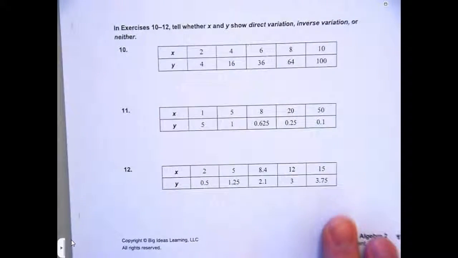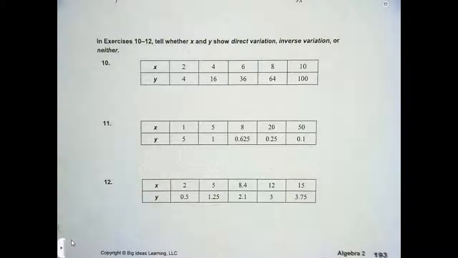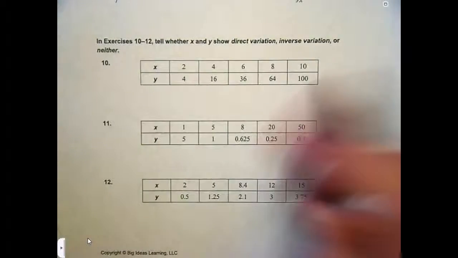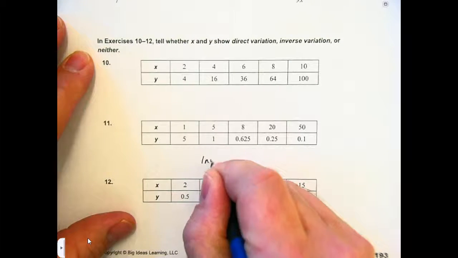Okay, so, ladies and gentlemen, here's what I'd like you to do right now. I need your attention back up here. Take a look at page 193 of your student journal. I want you to figure out which ones are inverse variation, which are direct variation, and which are neither. Which one's inverse? 11 is inverse.